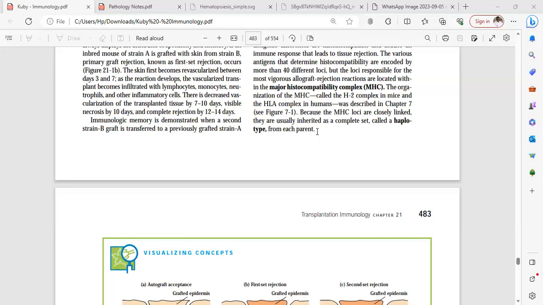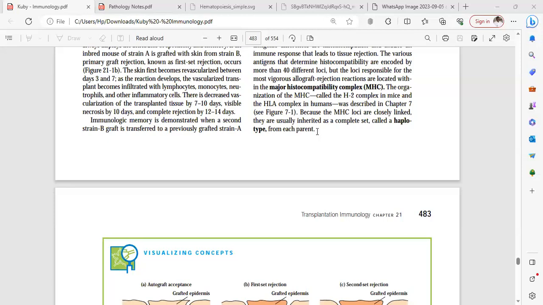So in graft rejection, the organ tissue that has been transferred from the donor gets rejected by the host cells.